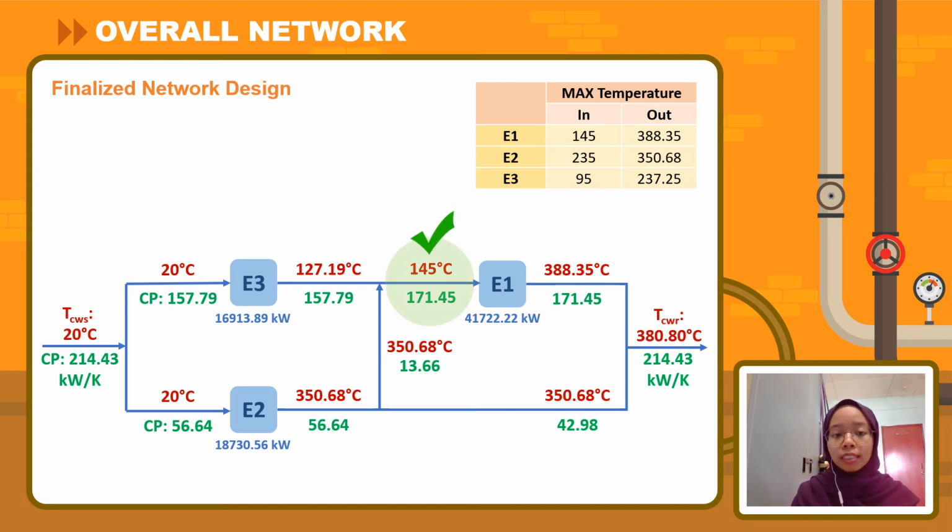So this network is deemed possible and able to reduce our water consumption as well as the water utility cost, which will be further elaborated by Fakhrul Ariffin in the next slides. Thank you.